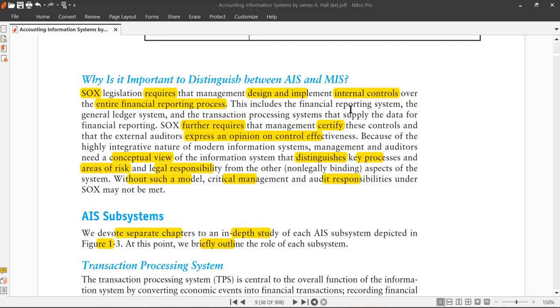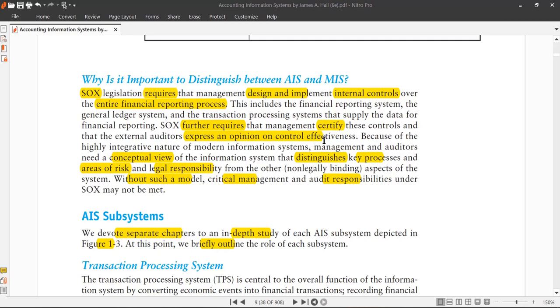Hanggang doon. Ayan. Includes financial reporting system, general ledger, transaction processing, etc. Further, they require the management to certify, patotohanan yung mga control na yun. And certify these controls. This legislation requires that management certify these controls and the external auditors express an opinion on control effectiveness.